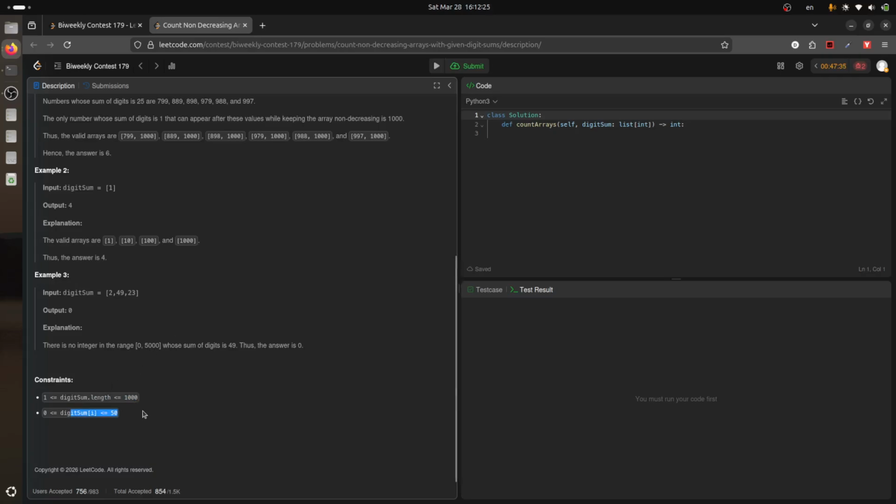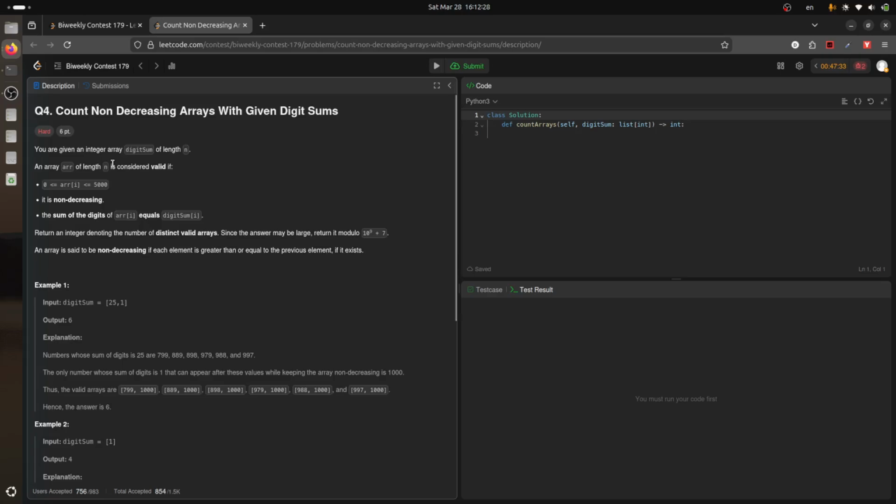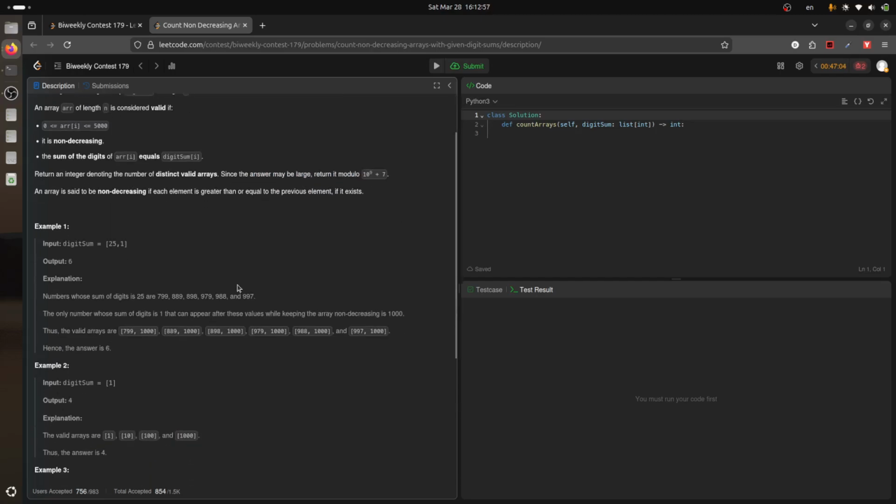The array length is 1000 and digit sum i is considered valid if all values are in this range. It's non-decreasing, in other words, larger than or equal to. Return an integer denoting the number of distinct valid arrays, modulo since the answer may be large.